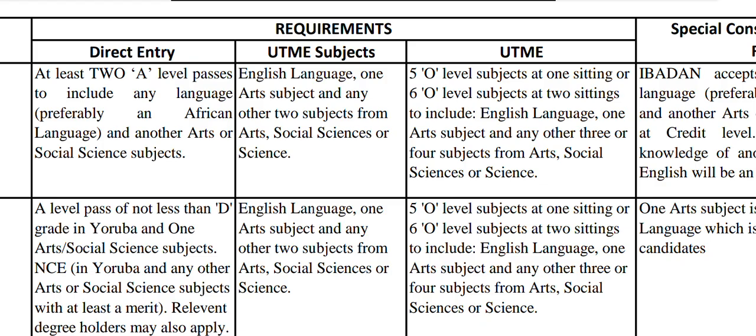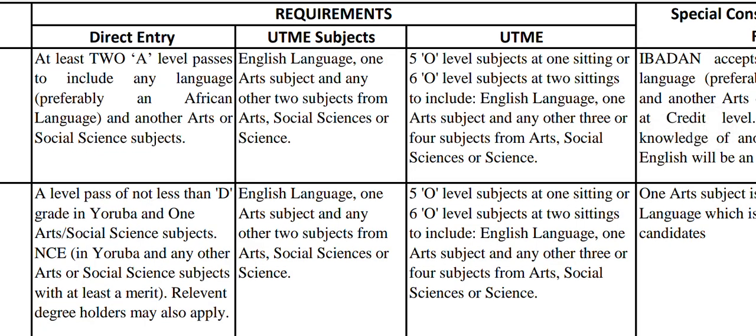So when the requirement states that English language, one art subject or two art subjects to include, they mean that you must have either Yoruba language, CRS, literature, history. Those are the arts subjects.